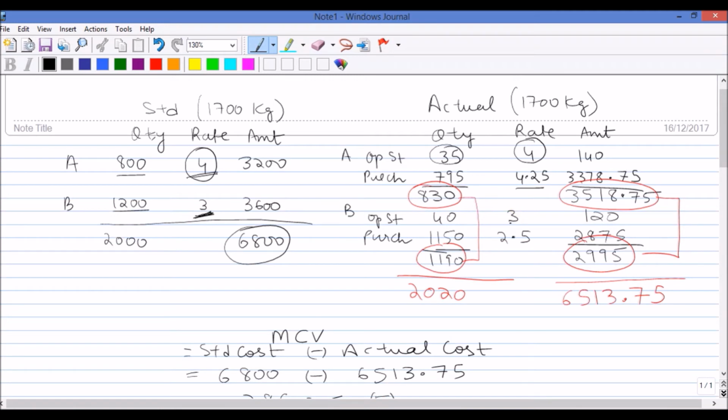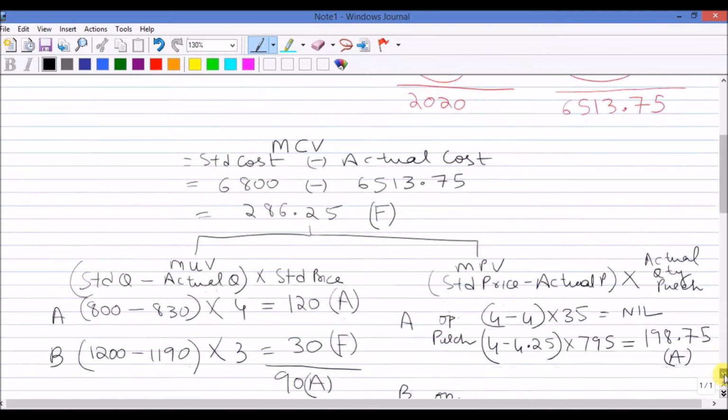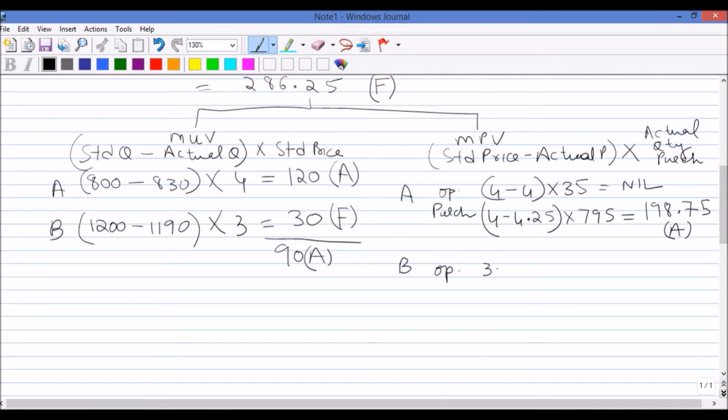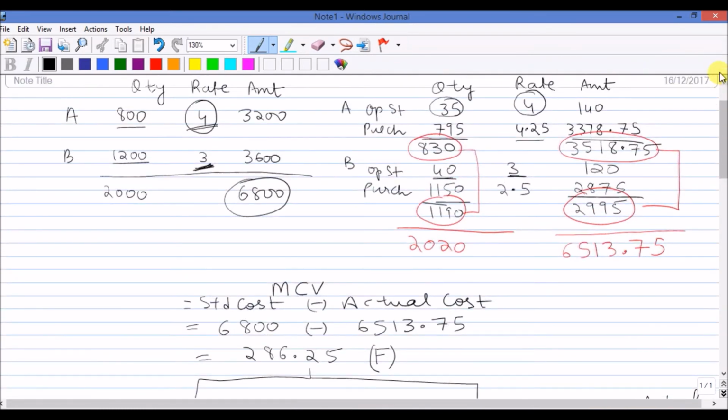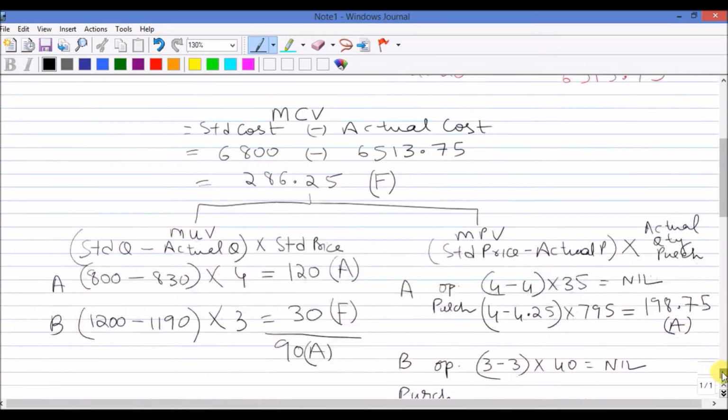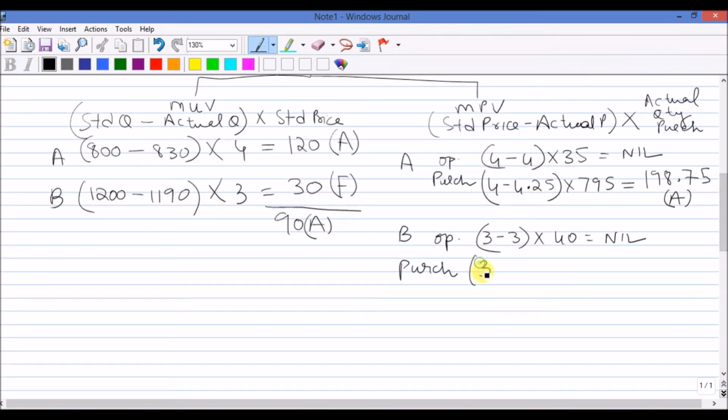For B also we have to go through the opening stock. 3 minus 3 into 40 will give me nil variance. For purchase, what we need to do is 3 minus 2.5 into 1150.